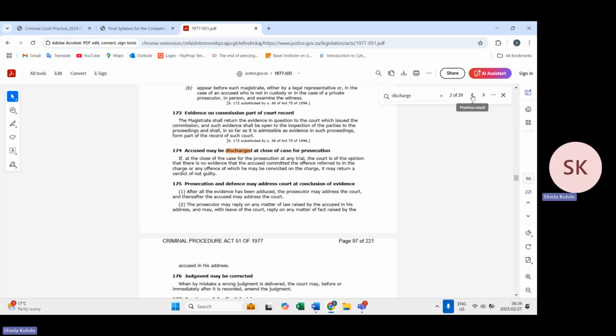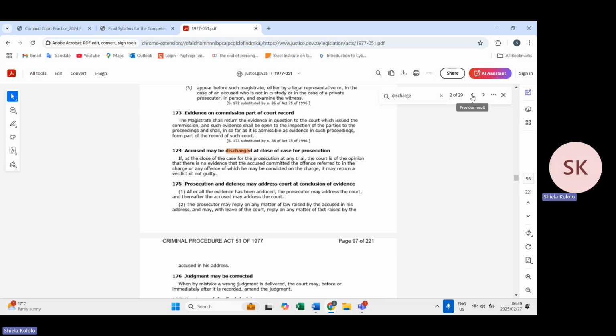So how does section 174 work in practice? The prosecution goes first with its case in chief, which includes calling witnesses and submitting evidence to establish that the accused committed the alleged crime.